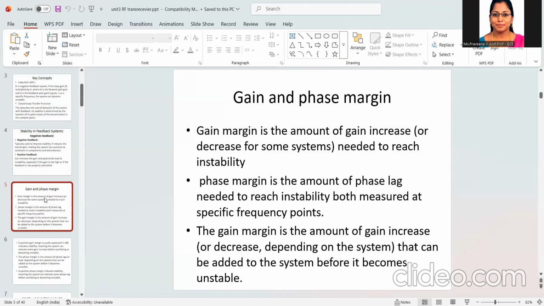That's the concept. And the phase margin is the additional phase lag required to make the system unstable. Simply, it indicates how far the system is from instability in terms of phase.